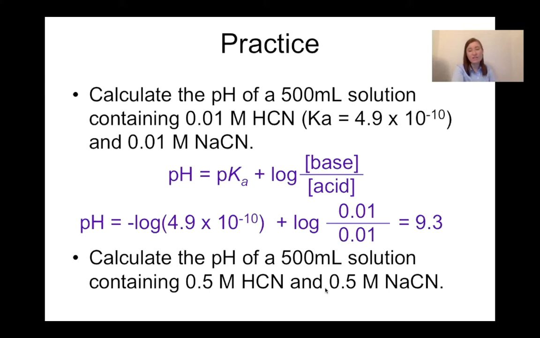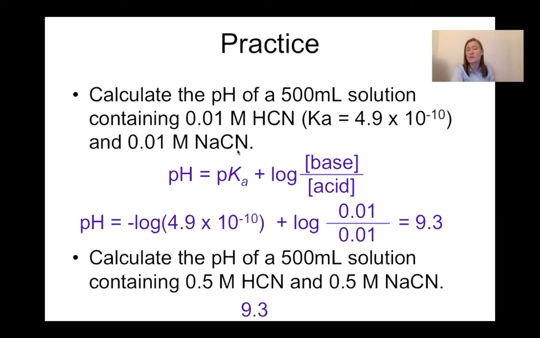But the ratio is still the same. We had a 1-to-1 ratio, and now we still have a 1-to-1 ratio. And so we're still going to have the same term in our equation. The actual values of the base and the acid don't matter. It's the ratio that matters. And since we still have the same ratio, we're going to get the same pH value of 9.3.